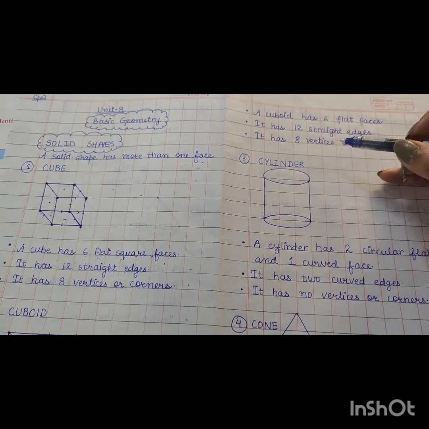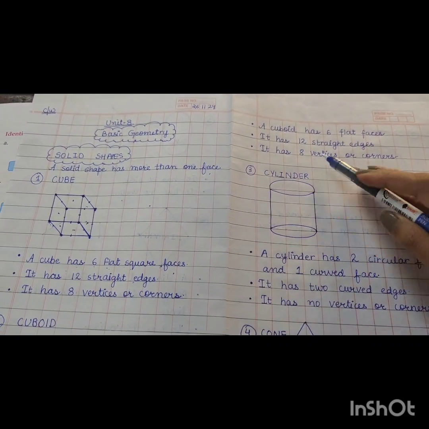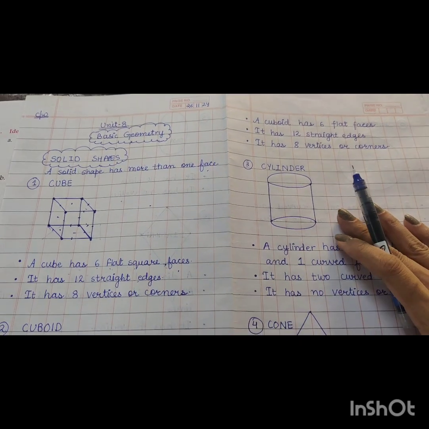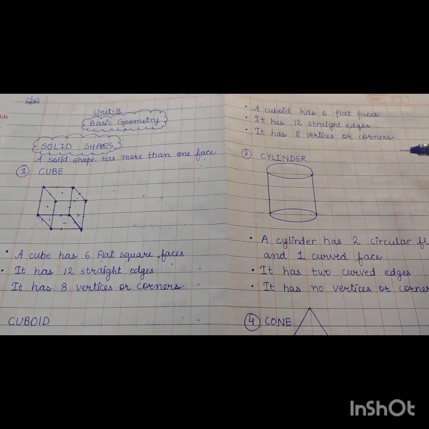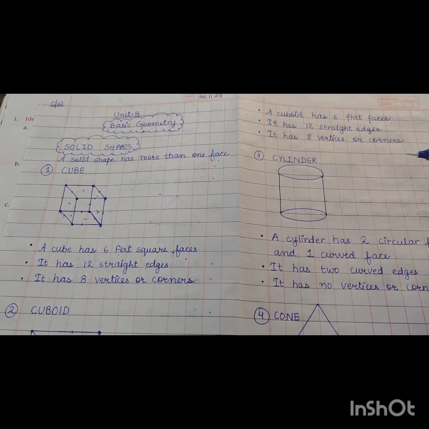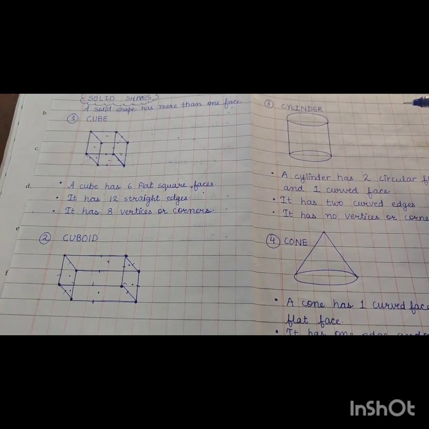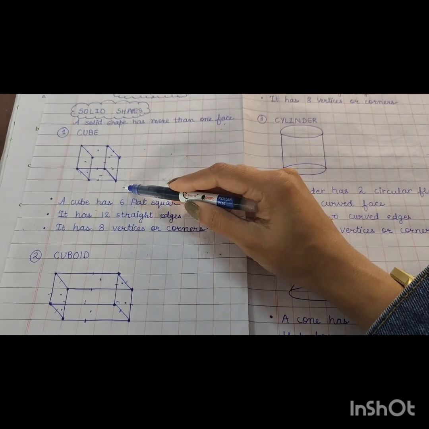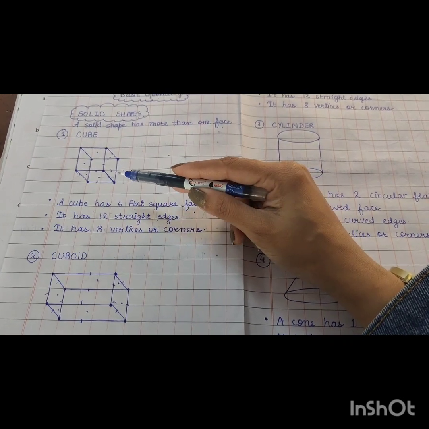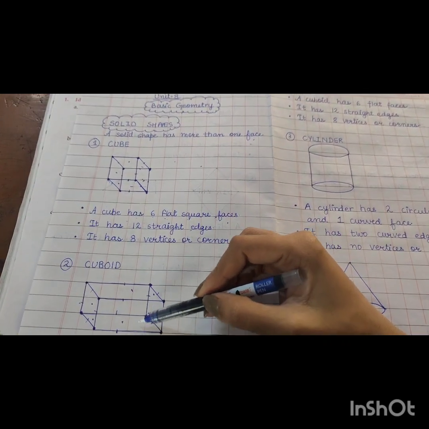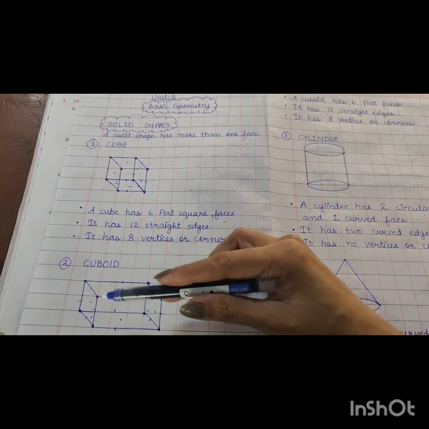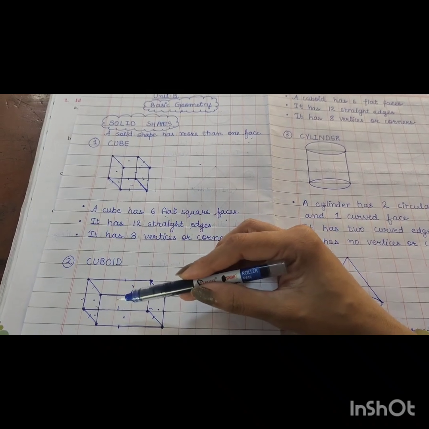You can see the properties of a cuboid and a cube are almost similar, right? But what is the difference between a cube and a cuboid? You can see the difference in their shape, right? A cube has 6 flat square faces, okay? And here we can see 4 rectangle faces and 2 square or rectangle faces, right?